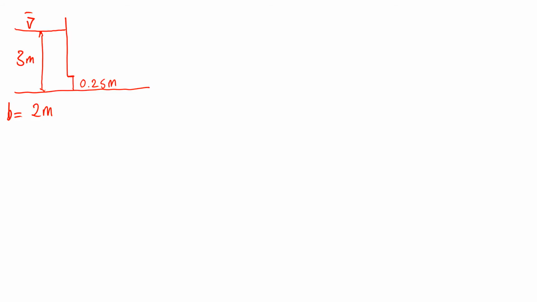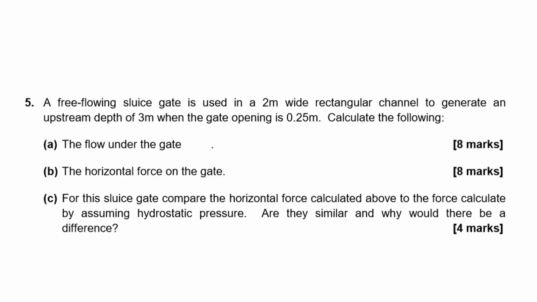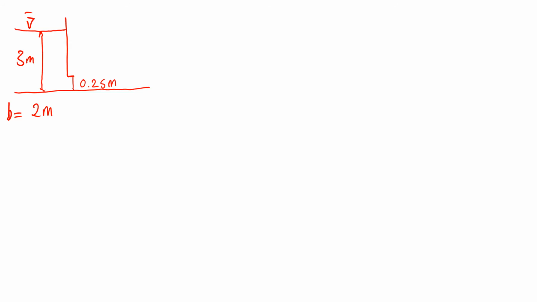Now the first thing you need to do is calculate the flow under the gate. Now because it's rapidly varied flow, we can calculate the flow under the gate by using the energy equation and manipulating the energy equation. So that's what I'm going to do.